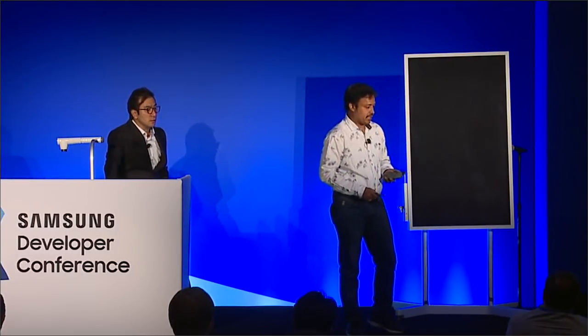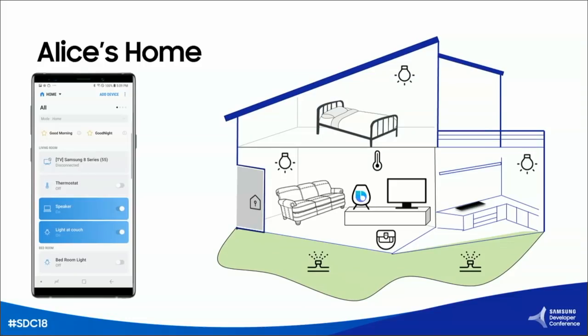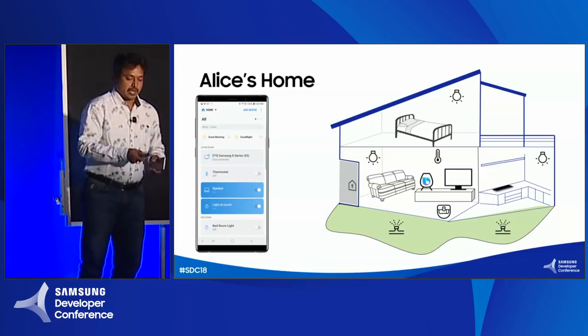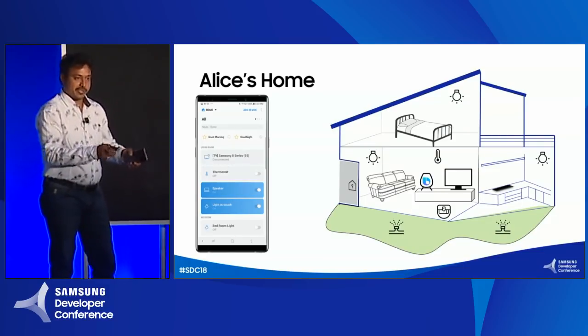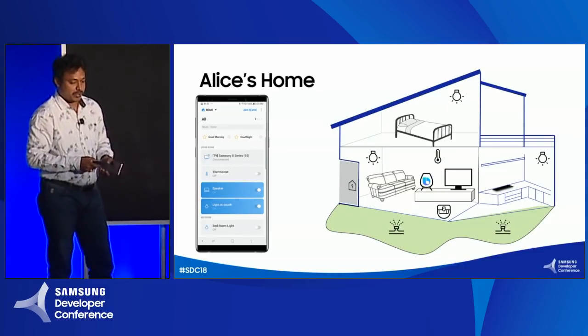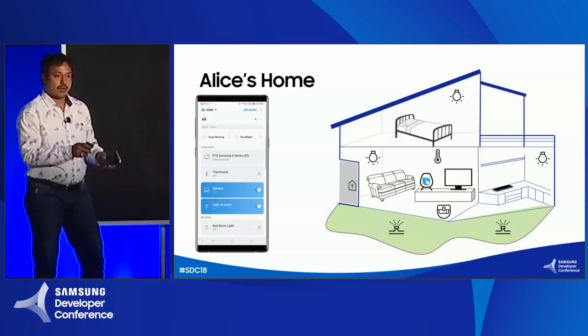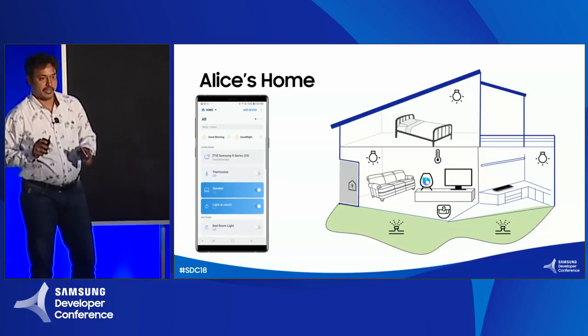So for that, here we have LS Home with some smart devices already configured in it. So a light in the living room, bedroom, and kitchen, and we have a thermostat and TV, and a Galaxy Home, which is a Bixby-enabled Galaxy Home, and a robot cleaner, and a smart lock in the front door, and sprinklers in the garden area.